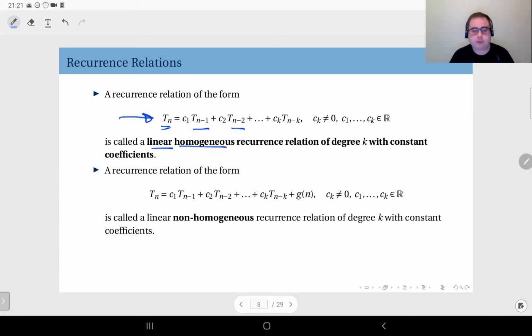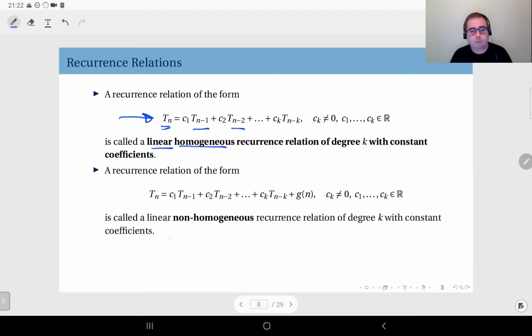And homogeneous. Now, homogeneous refers to the fact that in this recurrence relation, we have no other function except for Tn's. We just have the Tn terms, Tn minus 1, Tn minus 2, up to Tn minus k. And therefore, we refer to this recurrence relation as homogeneous.